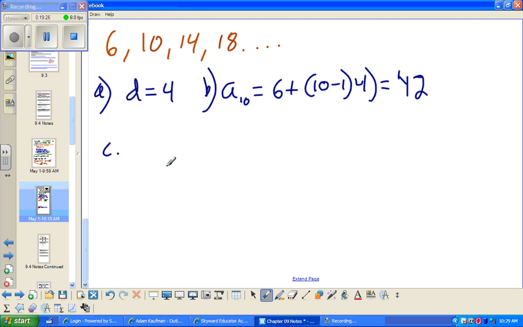Part C says find a recursive rule. Well, a sub n is going to equal the previous term, a sub n minus 1, plus 4, that common difference.